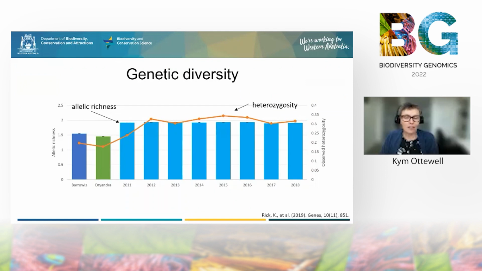So this was very positive news, and that was a very successful outcome for us, even though the populations had been significantly genetically diverged. To have no fitness impact upon mixing gave us confidence to proceed.